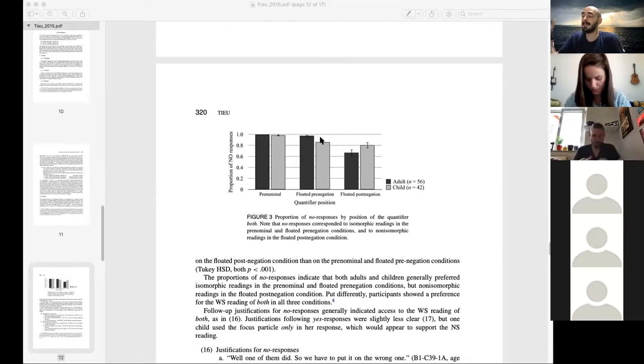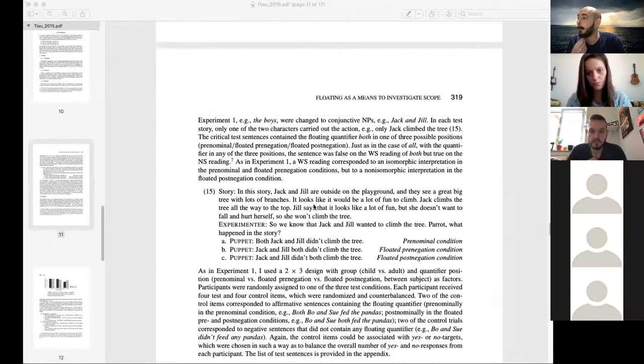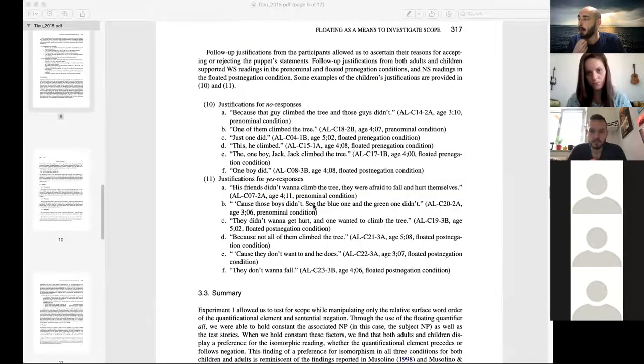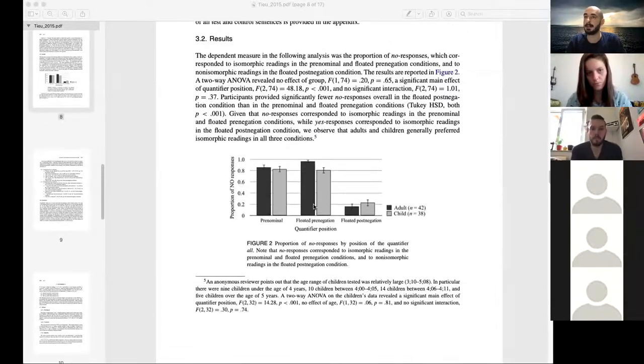So let's say that this turned out to be significant. So let's say that you had a difference between the pre-nominal and the floated pre-negation condition, then how would you interpret that? One way would be to say that children are more sensitive to this manipulation. So when you float a quantifier but still keep it before negation, then the adults would be more isomorphic than children, right? And this would be something very difficult to interpret.